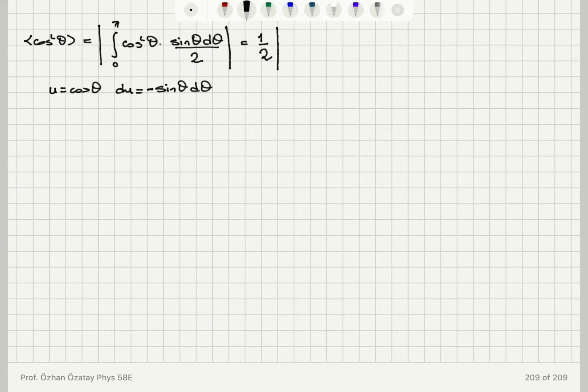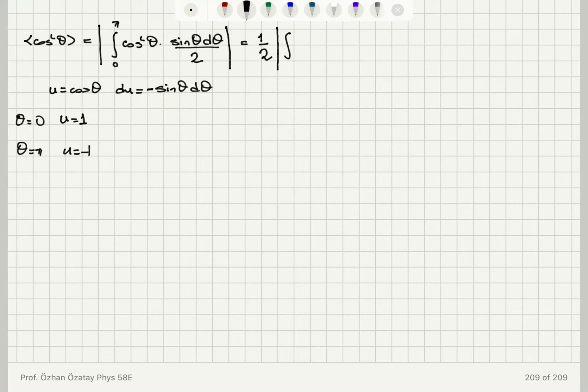u square, integral from 0 to pi, and when cosine theta, when theta is 0, u is equal to 1. When theta is pi, u is equal to minus 1. So I should change the limits here as well.